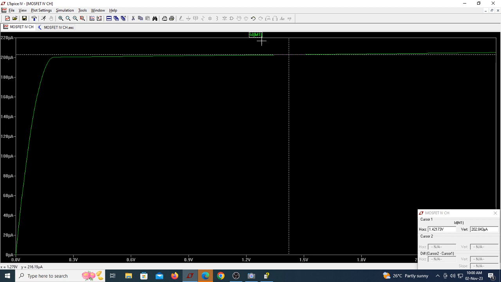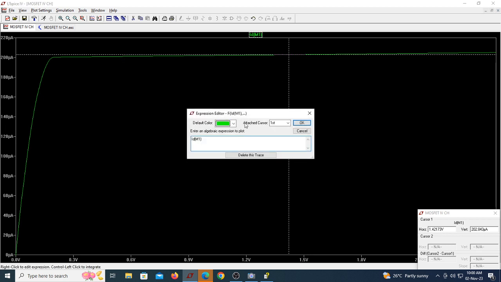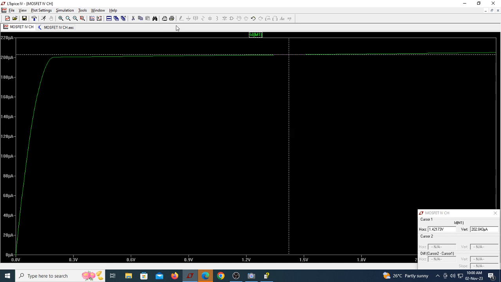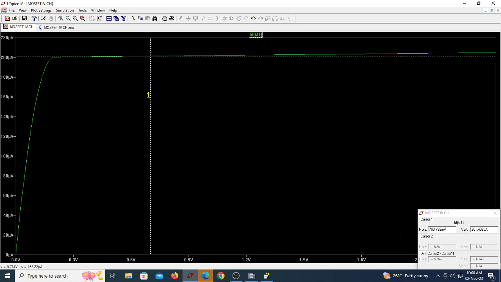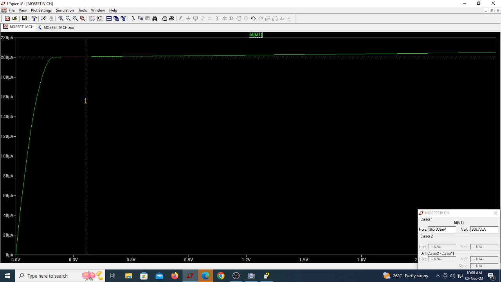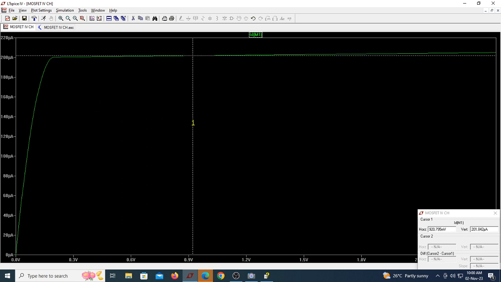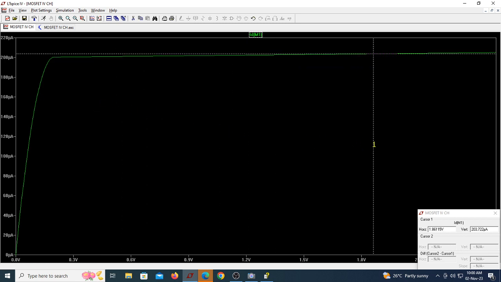Suppose I take out this cursor, now I can see the current changing here. Can you see the current is 200 microampere, and it keeps changing, 201, 202, 203, 204. This is a small change in the current, which is because of increasing the value of VDS in presence of lambda.